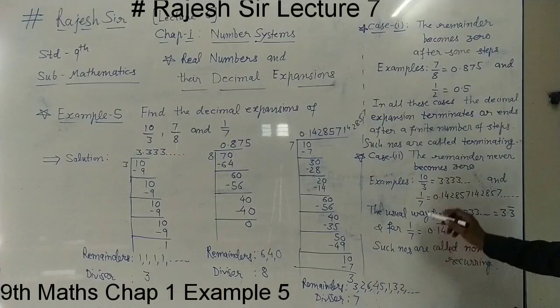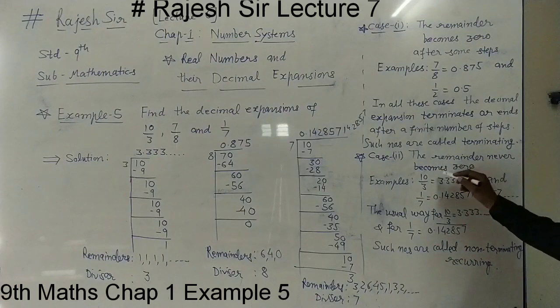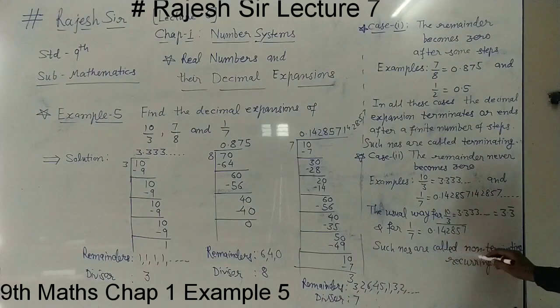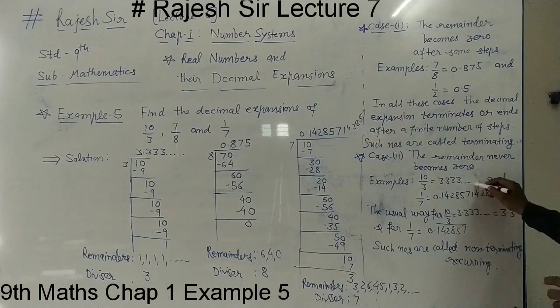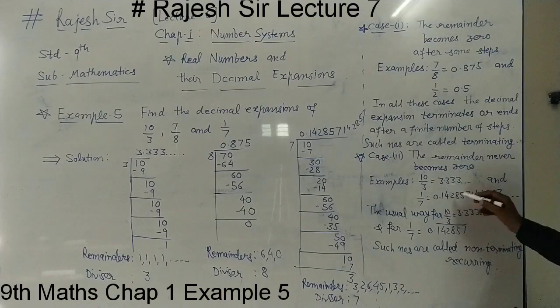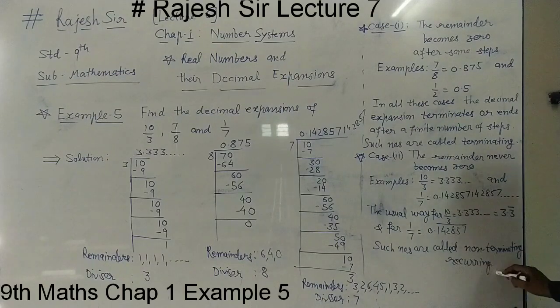So this type of numbers, where the remainder never becomes 0, are called non-terminating because they don't terminate at any stage. They have infinite digits. But one more thing: some digits or some group of digits are repeating, so they are called recurring.